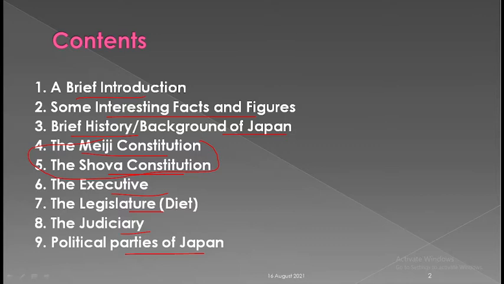So the present constitution of Japan is the Showa Constitution. Officially it is known as the Constitution of Japan, but it is also more popularly known as the Showa Constitution. And the Meiji Constitution is officially known as the Constitution of the Empire of Japan.